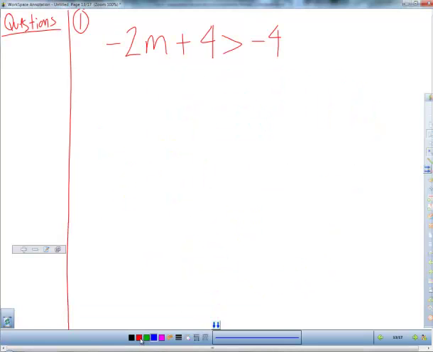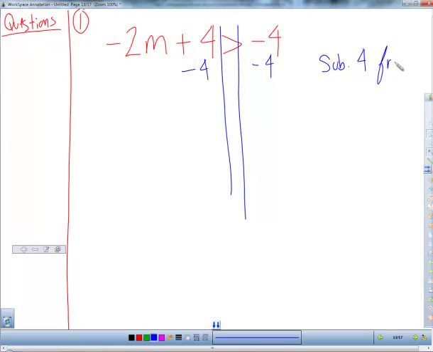Okay, the first one that we are going to do says negative 2m plus 4 is greater than negative 4. So the first thing I'm going to do is draw my train tracks and subtract 4 on both sides. So I'm going to write over here, subtract 4 from both sides.